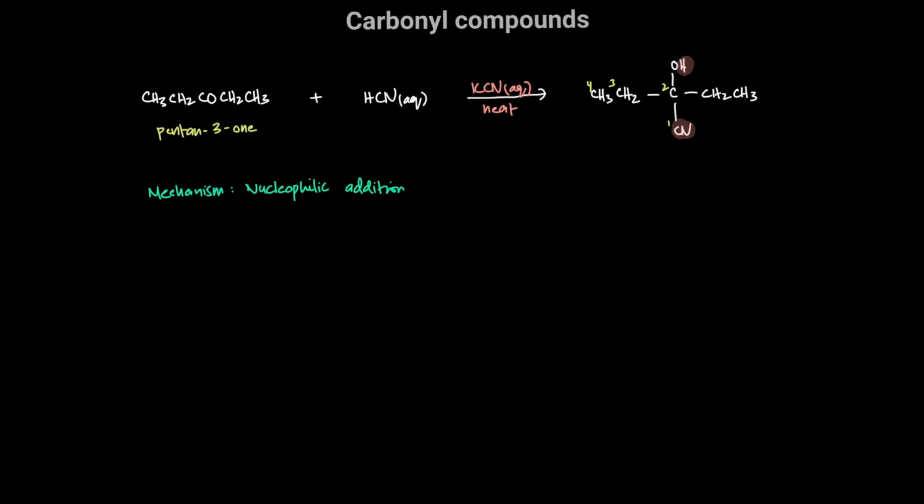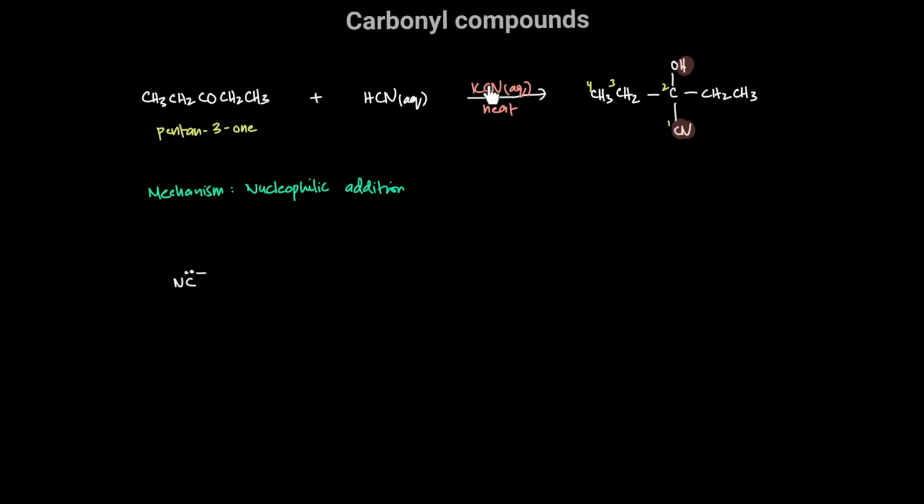What we have over here is, again, the cyanide ion. That's our nucleophile, and it is coming from the catalyst. We can assume that it comes entirely from the catalyst because HCN ionizes partially in solution. It doesn't produce enough cyanide ions for this reaction.